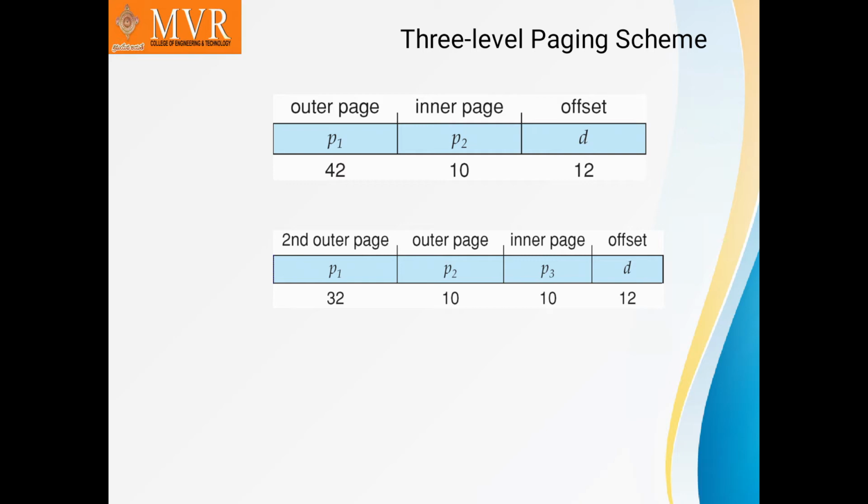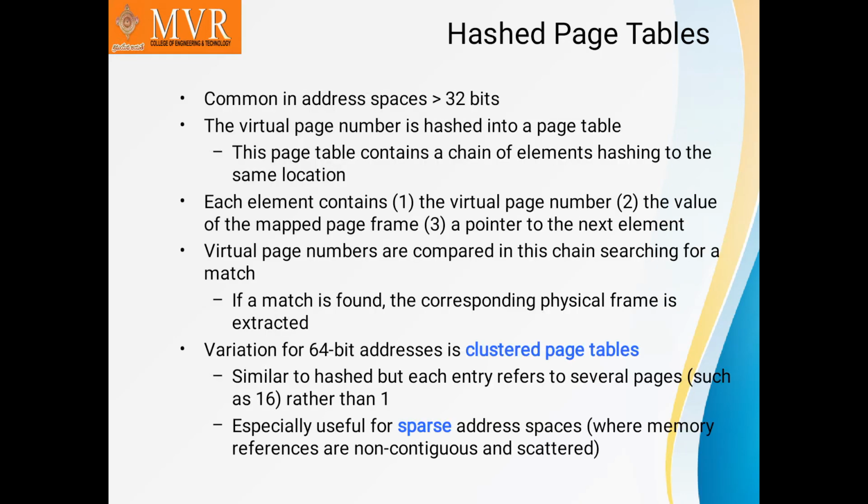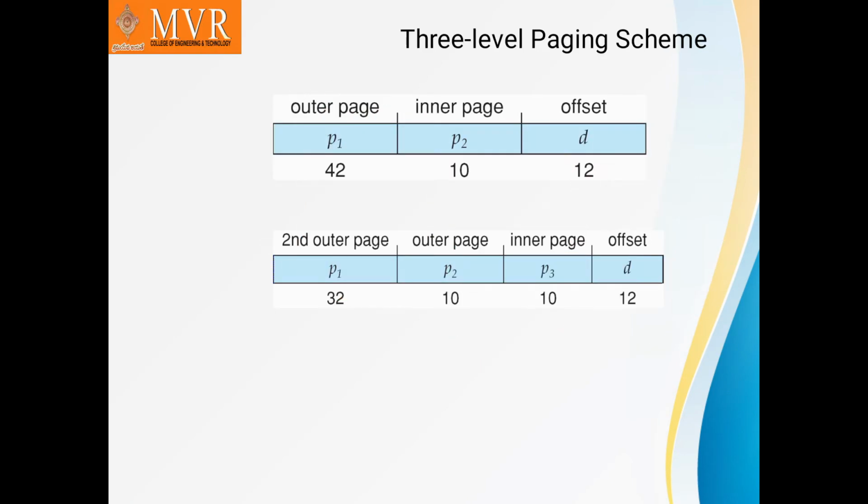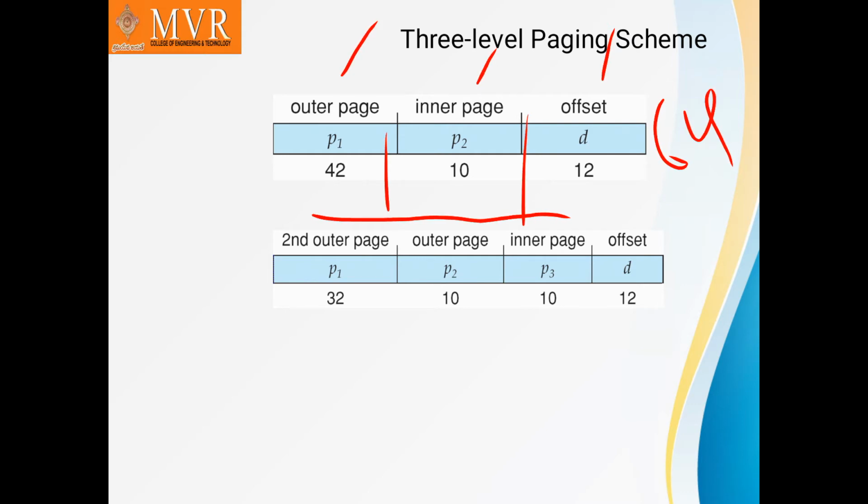This is the 64 bits. The outer page, inner page and offset make up 64, split as outer page 42, inner page 10 and offset 12.